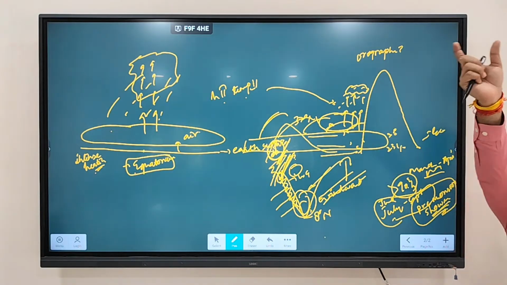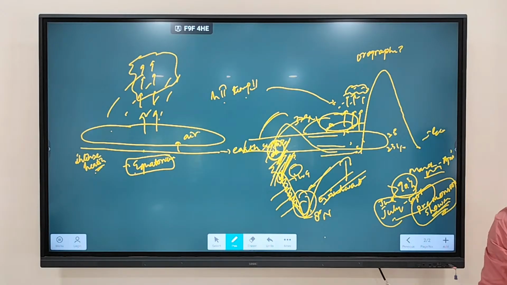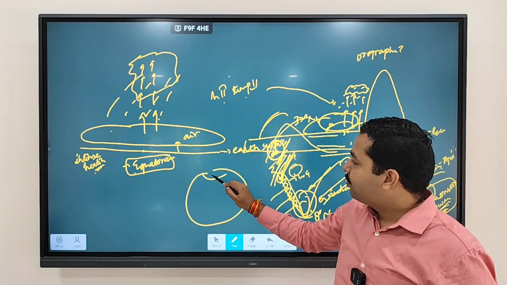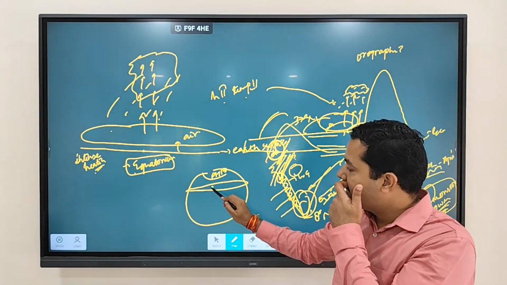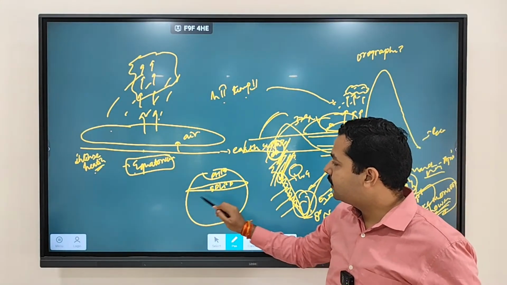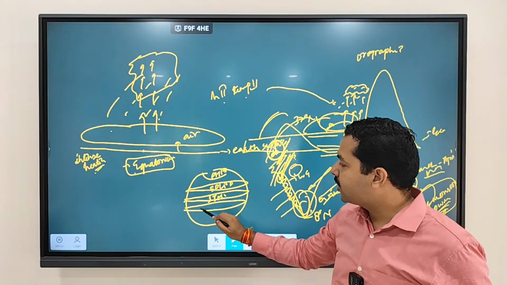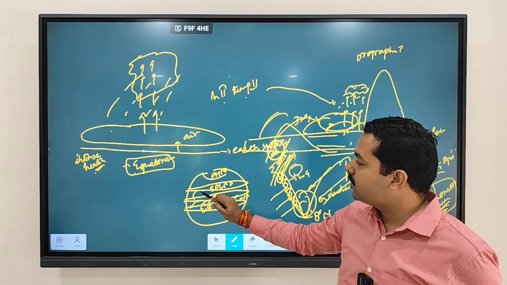And easterlies blow from the polar high pressure belt to the subpolar low pressure belt. This is the polar high pressure belt. This is the subpolar low pressure belt. This is the subtropical high pressure belt. This is the equatorial low pressure belt. So here which wind is flowing? Northeast trade wind. Here which wind is flowing?